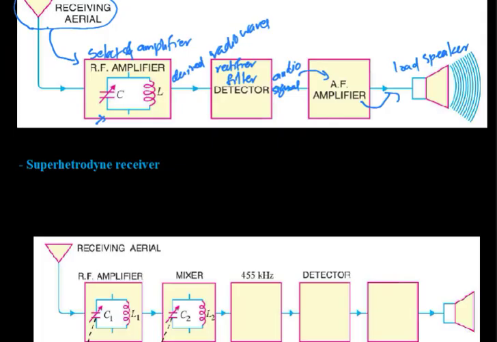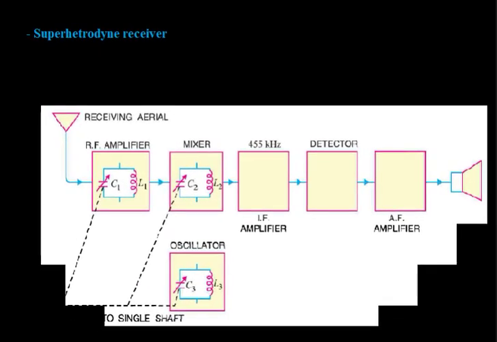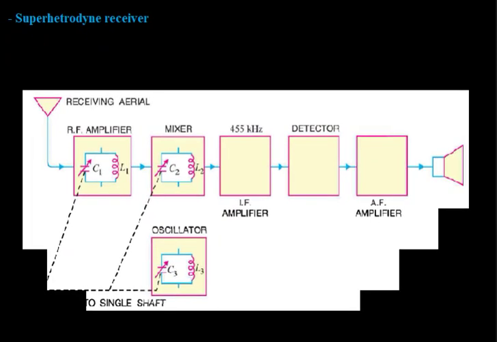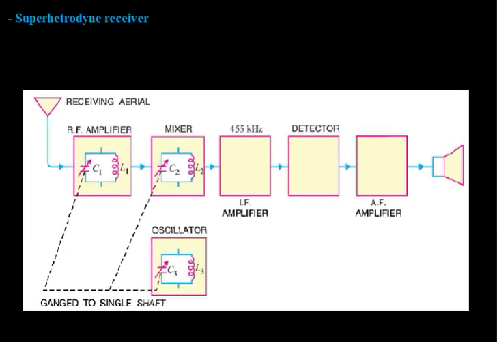Here the received radio signal, after the selection, is given to a particular circuit called a mixer circuit, which converts the selected radio frequency to a fixed lower value, and that particular frequency is called the intermediate frequency, IF.